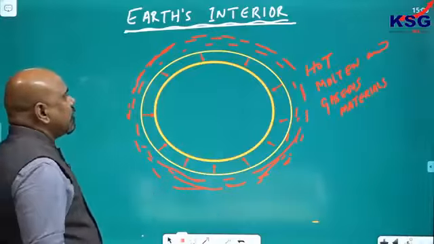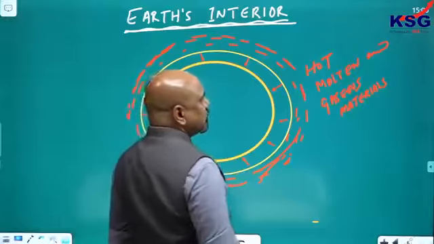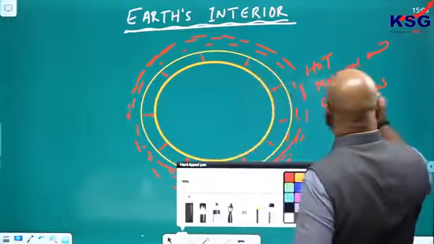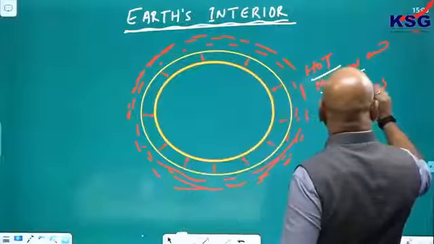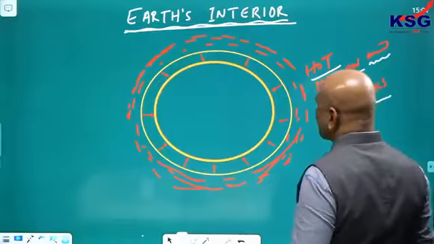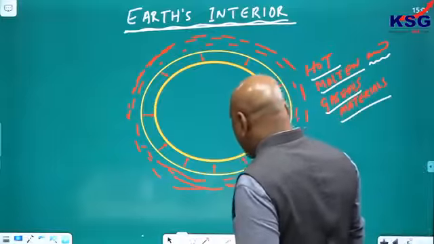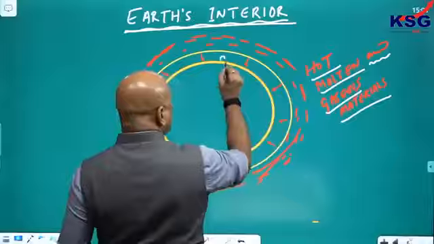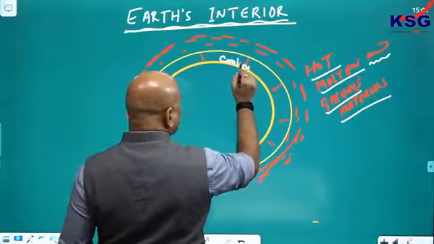So anyway, molten and gaseous materials are there. They got cooled down. This is cooling. After cooling, they form like this.